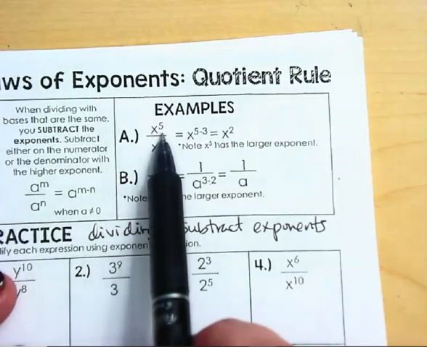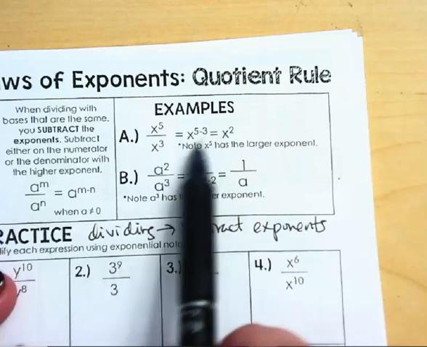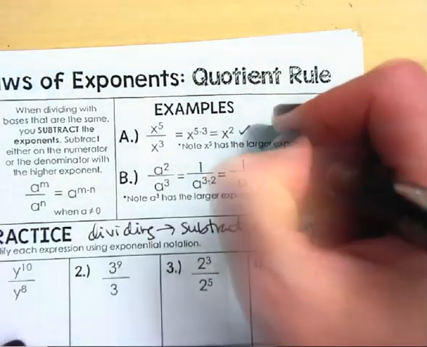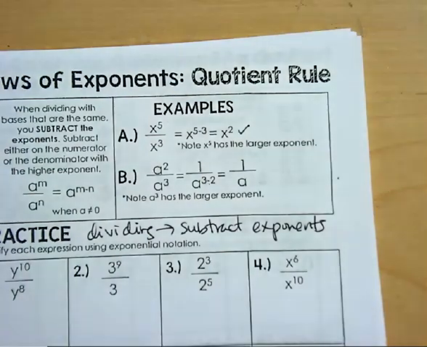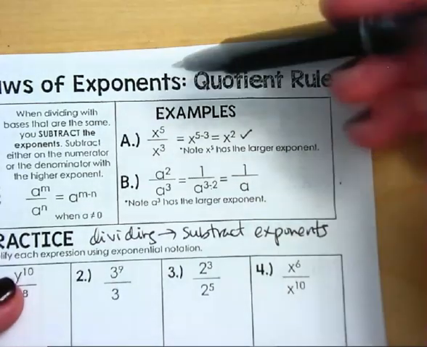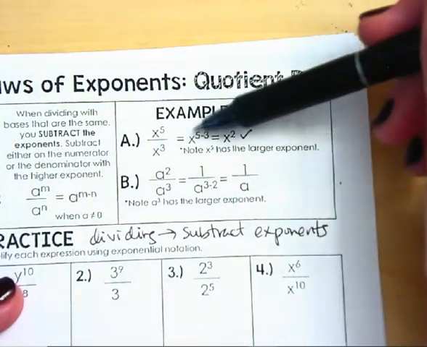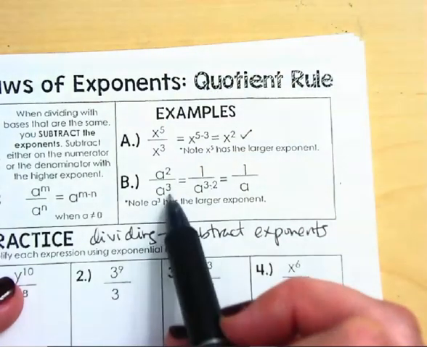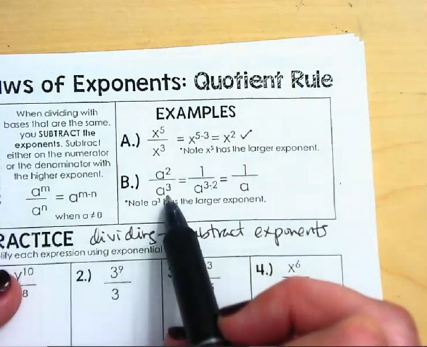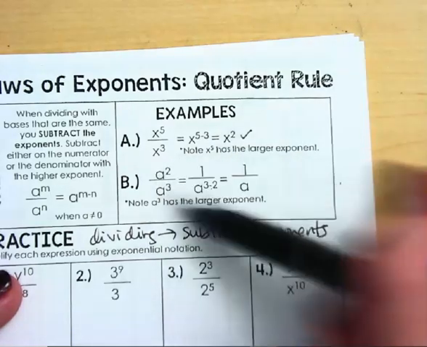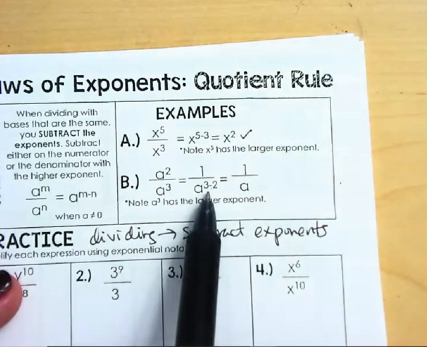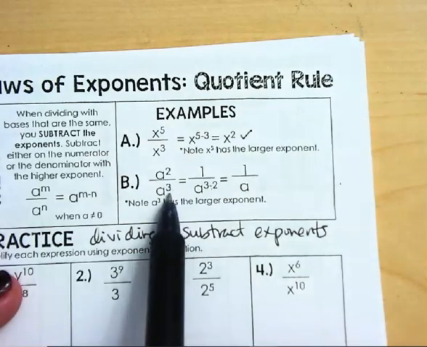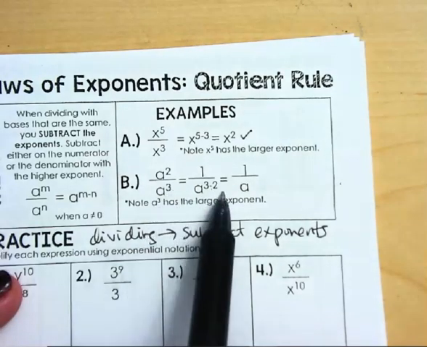When the exponent is bigger on top, we are going to subtract them. So we have x to the 5 minus 3, which is x squared. And this is sort of normal, air quotes around the word normal. When the exponent on bottom is bigger, in this example right here, notice how we're subtracting the powers in the denominator, the one with the bigger exponent.